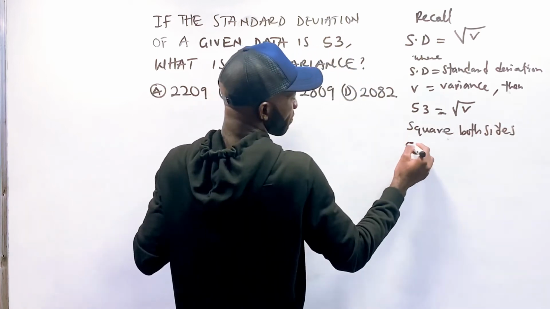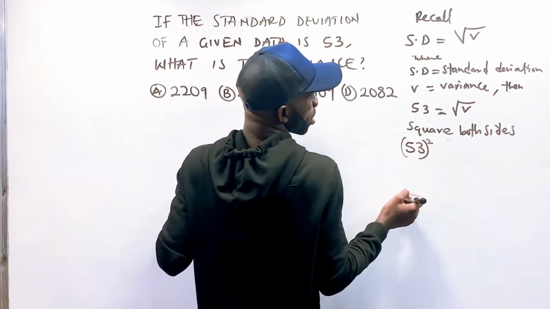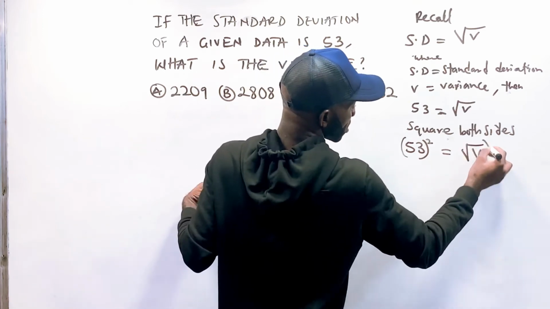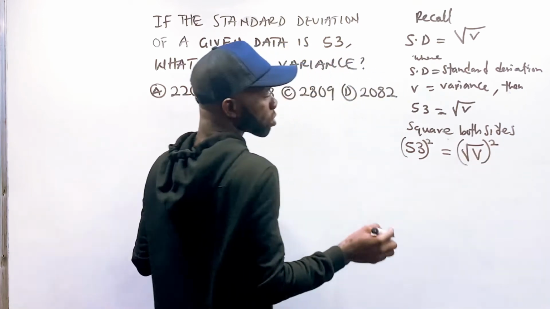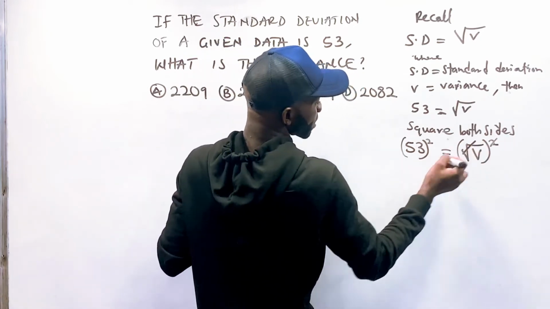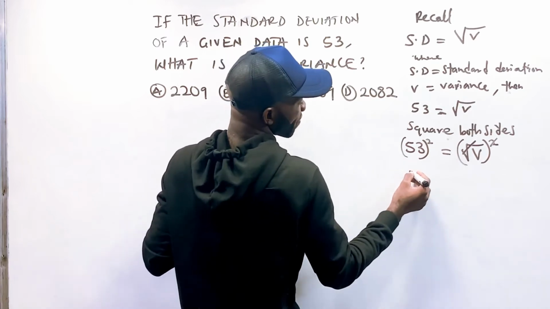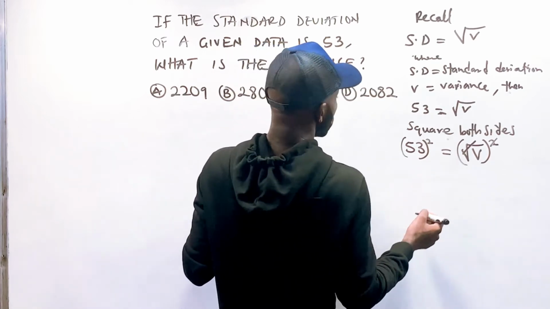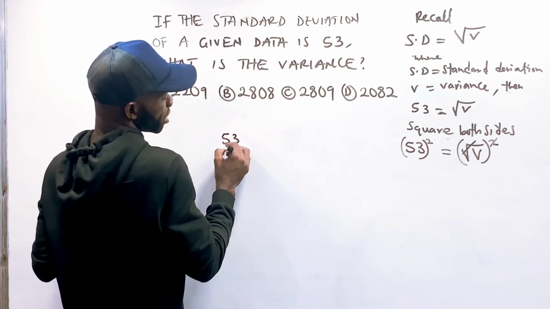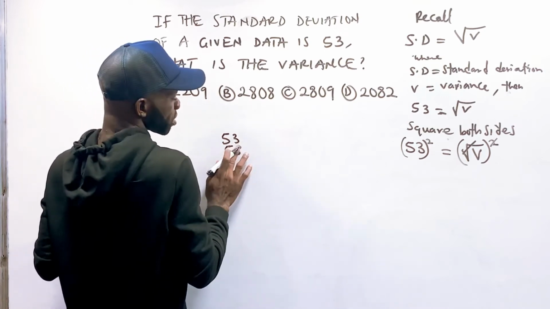So if I'm looking for the square of 53 against the square of the square root of V, the square takes the square root out, and then we have 53 raised to power 2 to deal with. Now let's do a little analysis here. If we have 53 squared, it gives you 53 times 53.